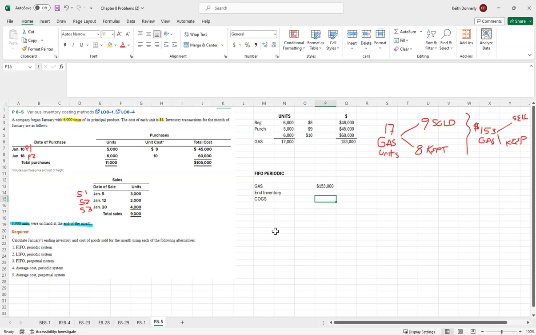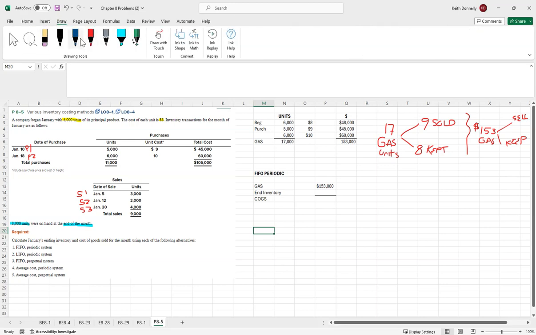So let's think about this. It's FIFO periodic, which means we're going to work from first in, first out, from the top to the bottom. Which means we have 9,000 we sold. We're going to draw from 5 up top and then 4 down here.